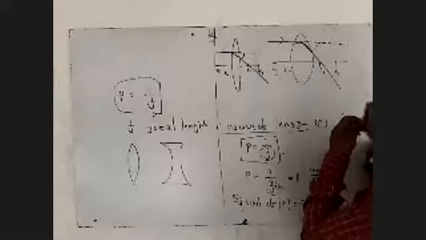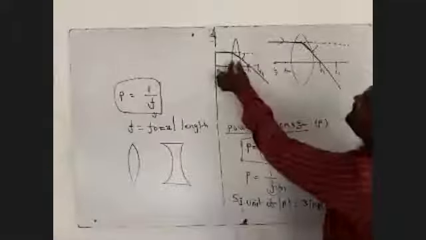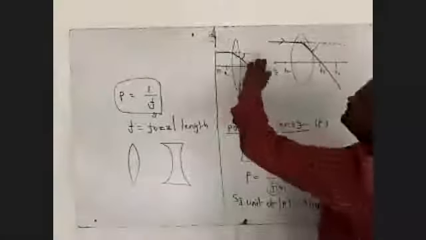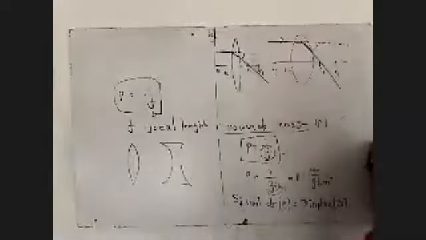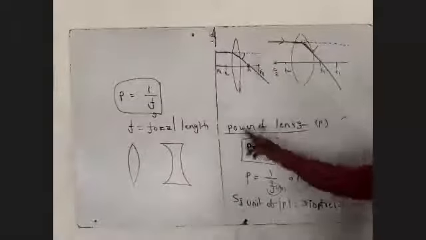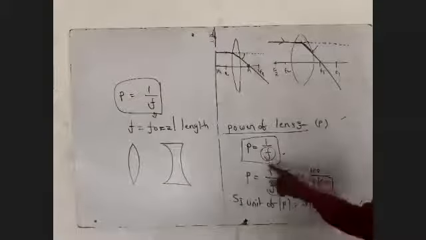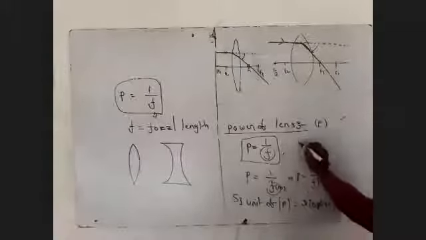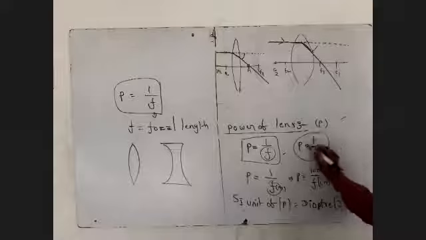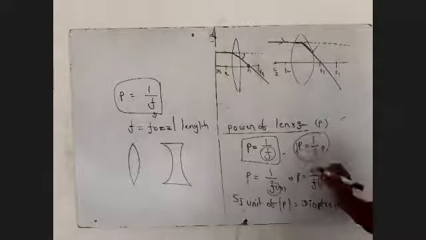This is a thin lens, and this is a thicker lens. Power of a lens means P is equal to 1 by F. If the focal length increases, the power is less.